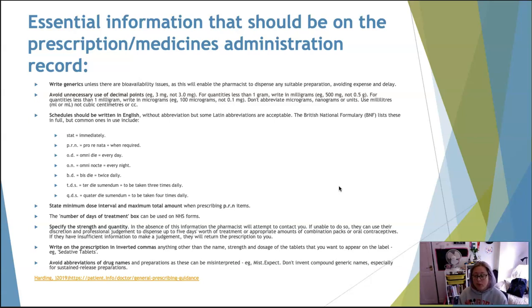So it's very important that we're thinking about making our prescription charts, our Mars charts, as easy to read and to follow as is possible. Otherwise, medication errors might occur because of misunderstood or misfollowed information. There's some more information at the bottom of here of general prescribing guidance.